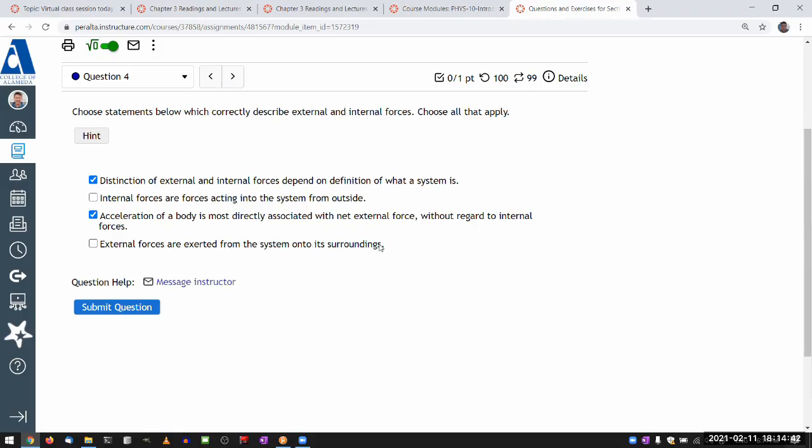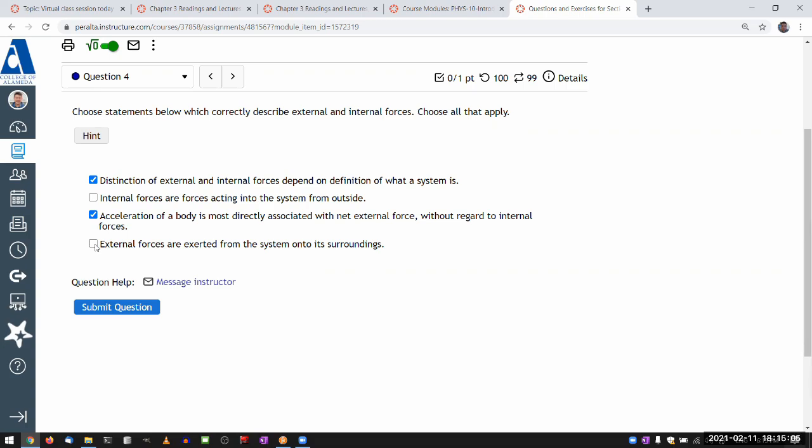Yeah, this one I put here to confuse you. I guess the thing to remember is that when we describe forces, we describe forces onto a body. So I'm actually a bit ambivalent on this one. It could be yes.